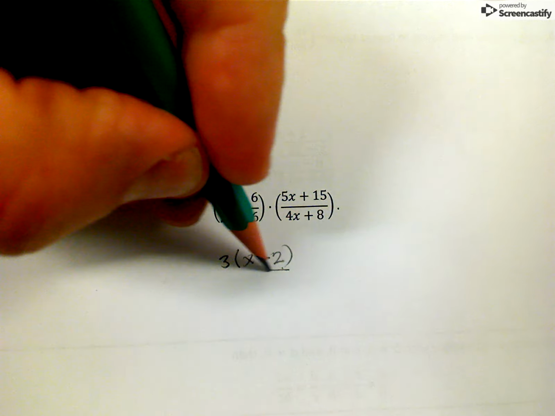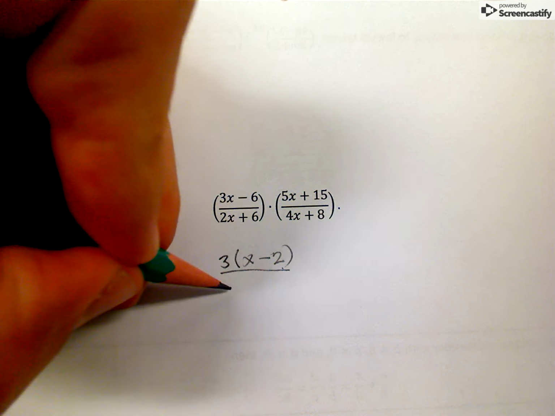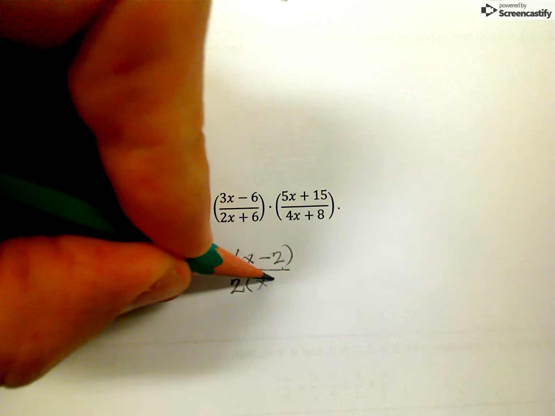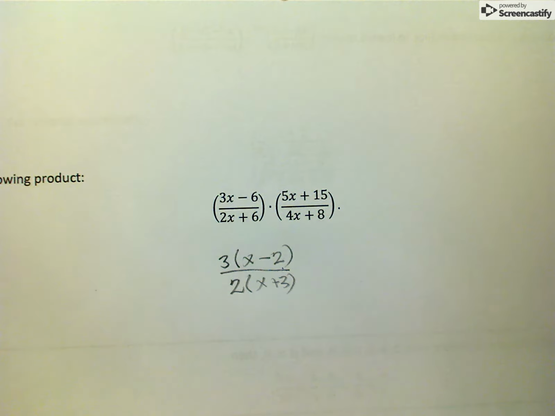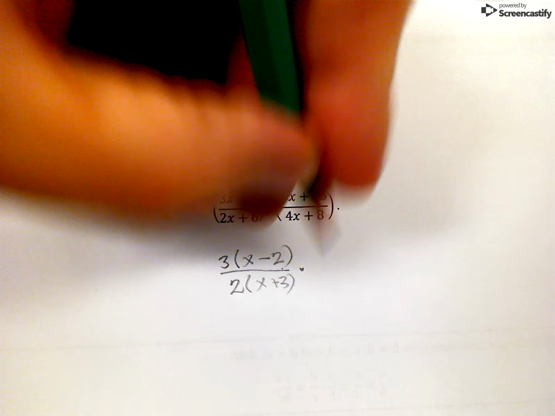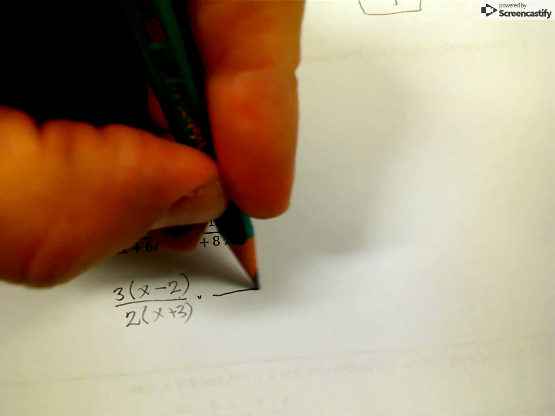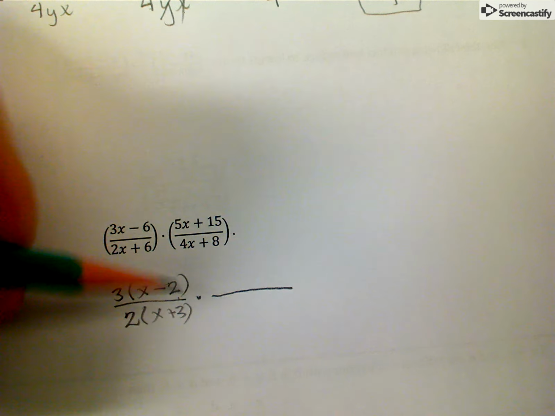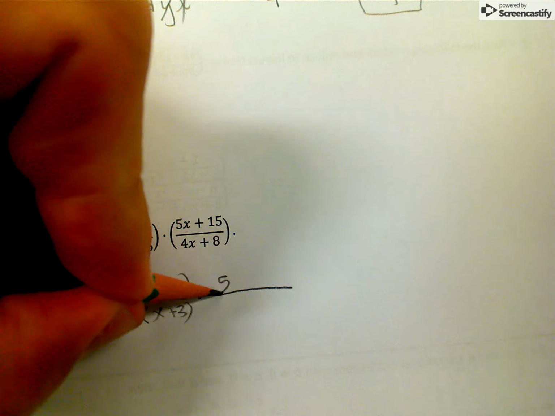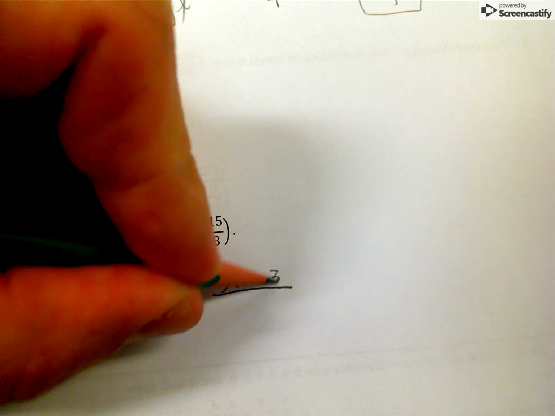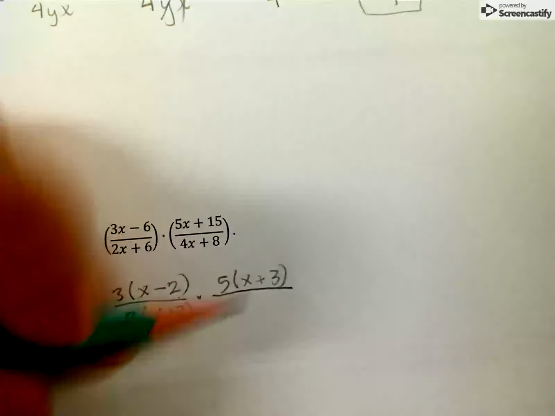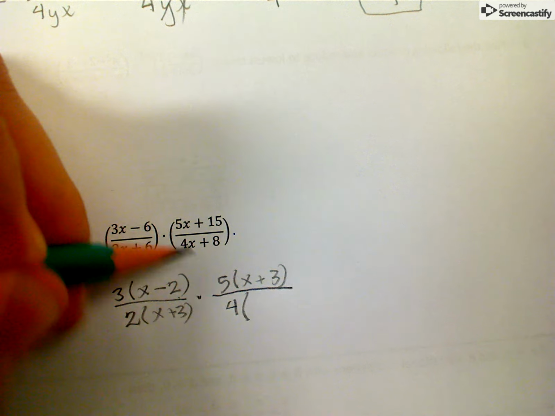And on the bottom, I can factor a 2 out, and this becomes 2 times x plus 3. Let me go ahead and do the same thing over here. 5x plus 15, factor out the 5. 4x plus 8, factor out the 4.